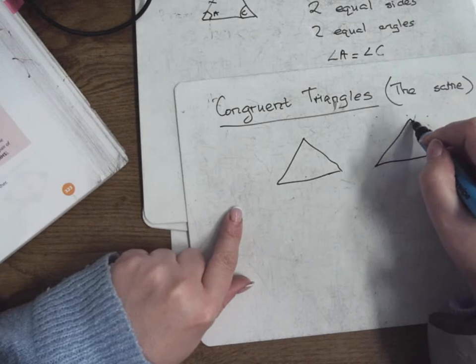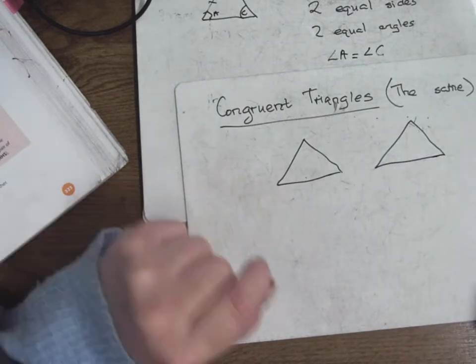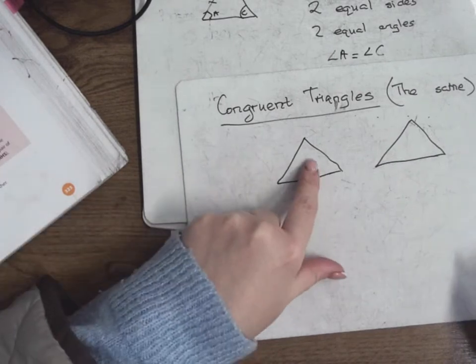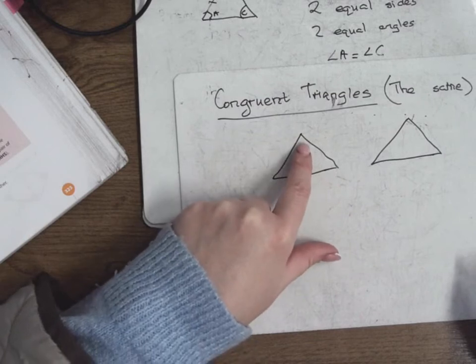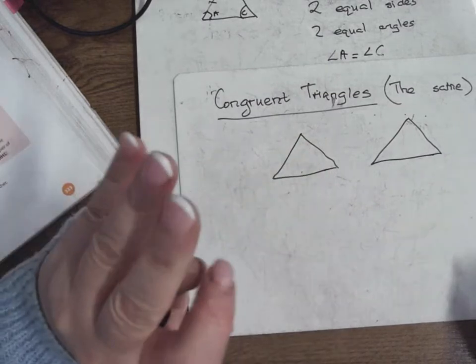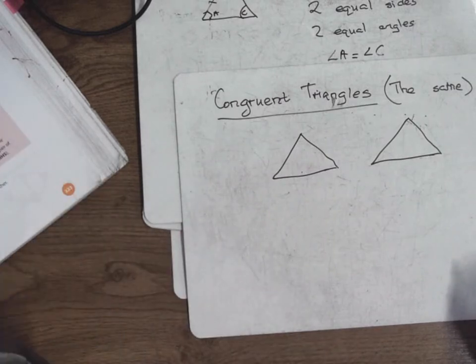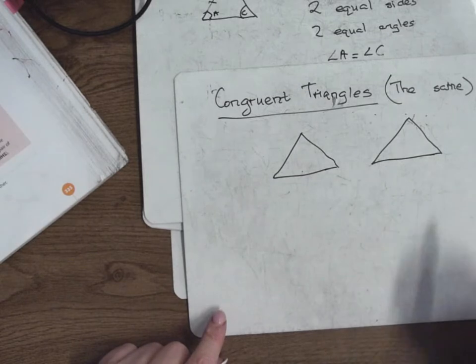there's 6 measurements in a triangle, isn't there? There's a measurement of 3 angles and there's a measurement of 3 sides. So what the next 3 conditions are: if I was trying to prove those triangles were the same, would I have to prove all 6 things are the same?